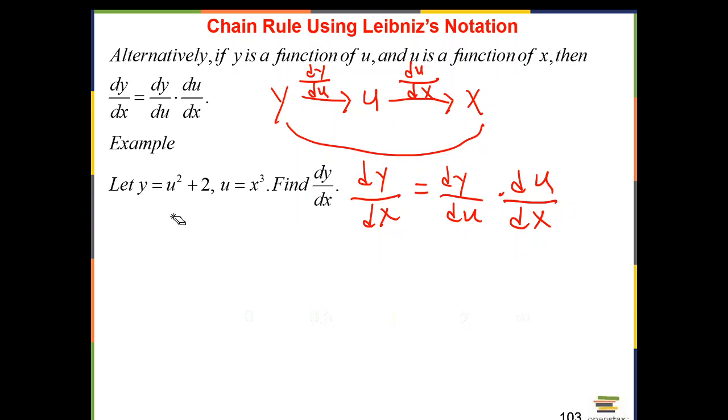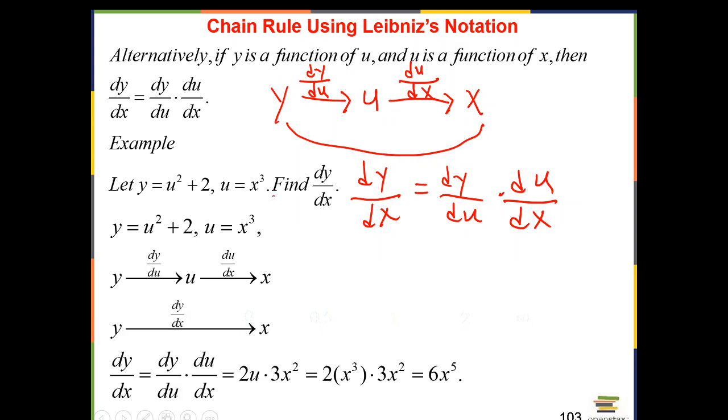Okay, so y equals u squared plus 2 and u equals x to the third. Find dy dx. So you see y is a function of u and u is a function of x. So we write it like that, and so the answer would be dy du. What's the derivative of this with respect to u? So u is the independent variable.